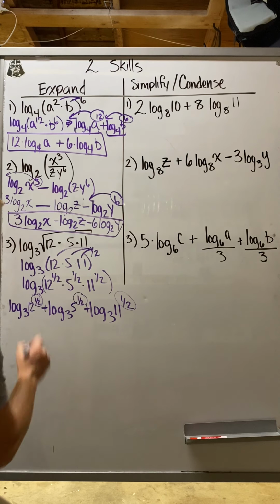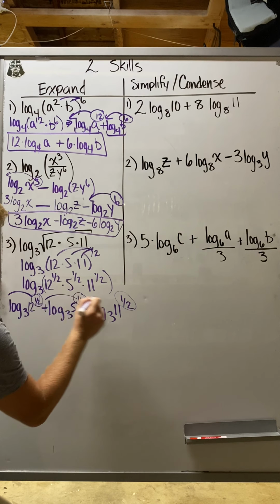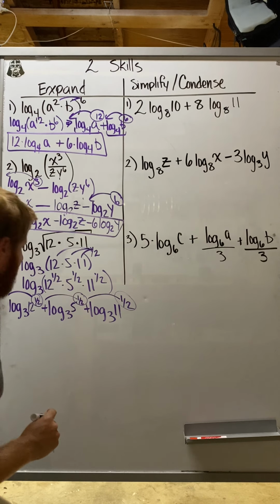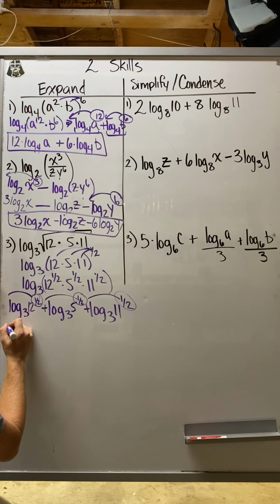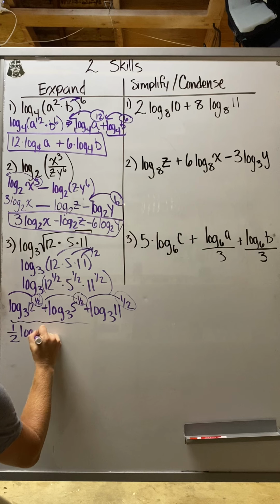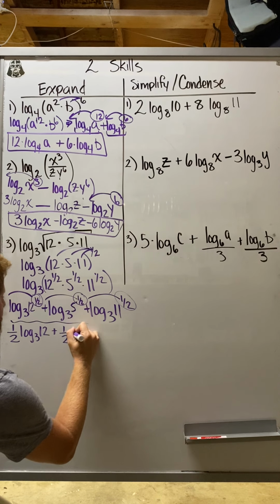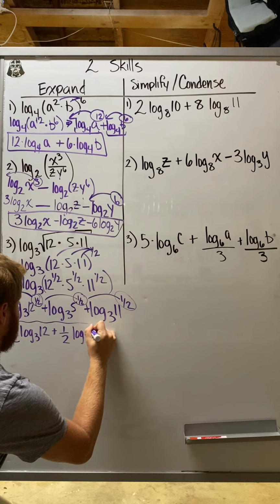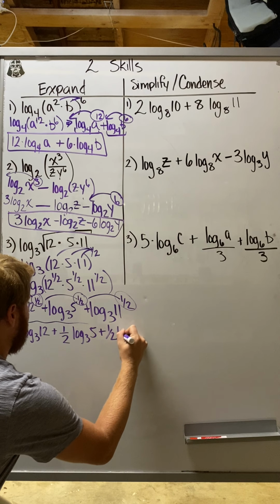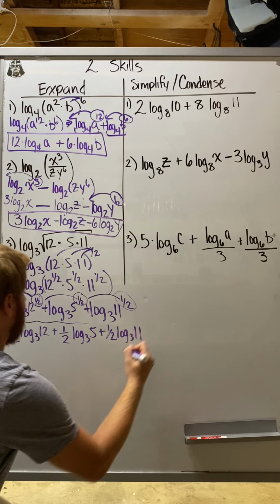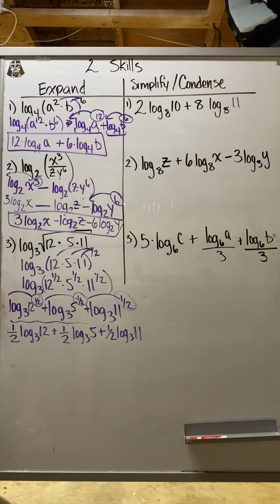They're supposed to go to the front. So this log is going to be 1/2 log base 3 of 12 plus another 1/2 log base 3 of 5 plus another 1/2 log base 3 of 11.